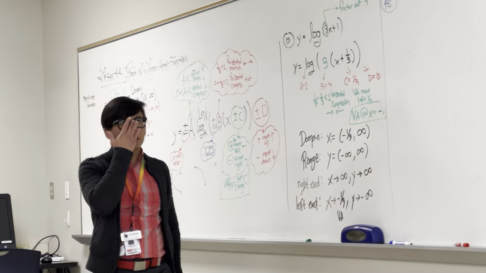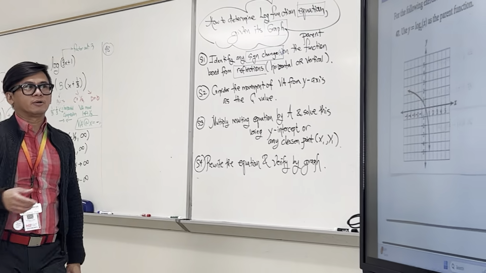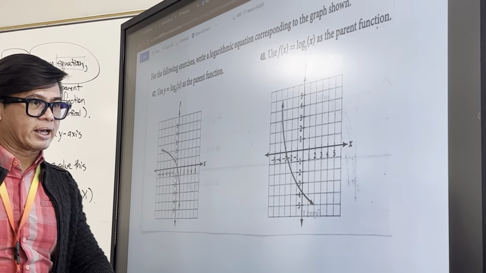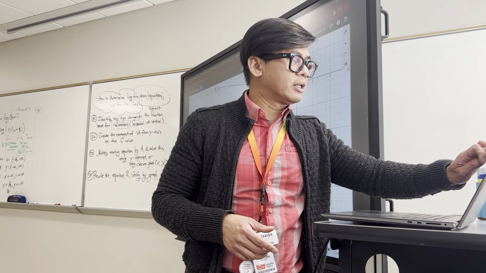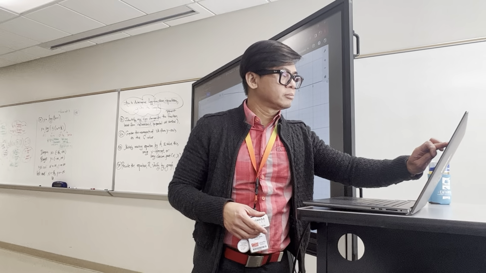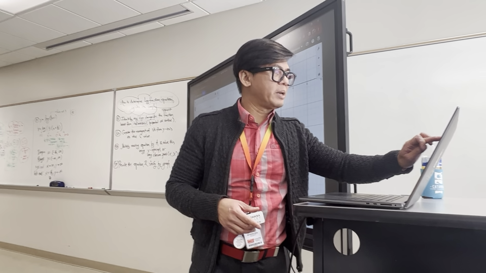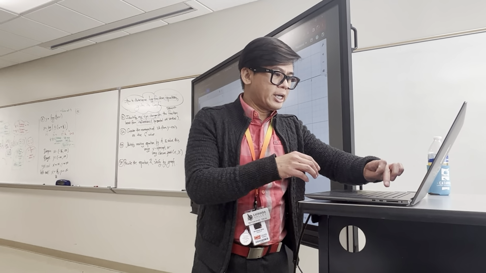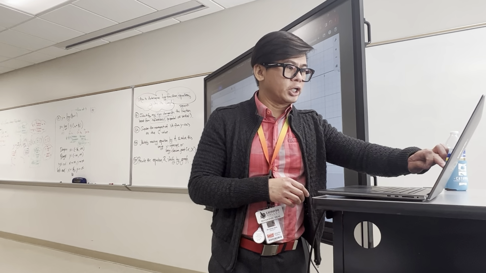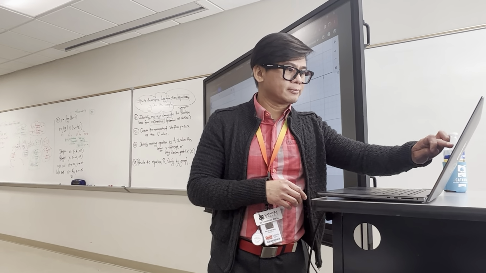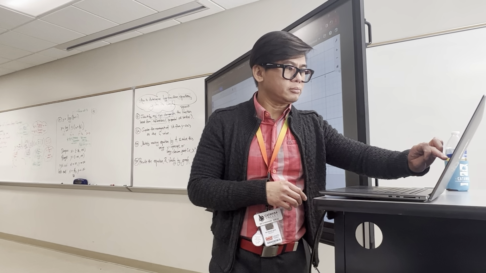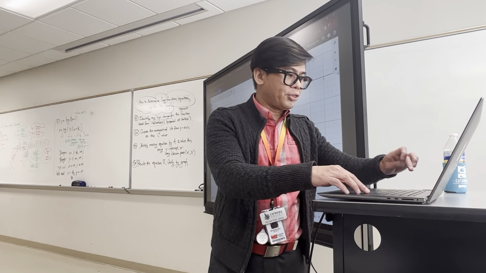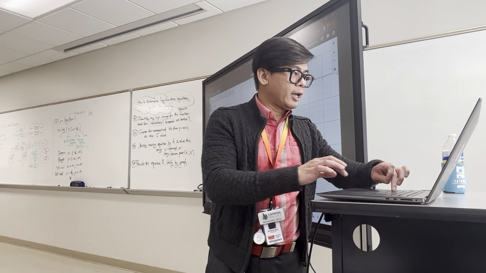So let's go back in here. This is number 48, okay? So what's log base 3 of x? How does it look like? A log base 3 of x looks like what? Let's see in here. Just a typical parent function of log base 3 of x. Y is equal to, go to functions, we go to calculus. Log with a base 3 of x.